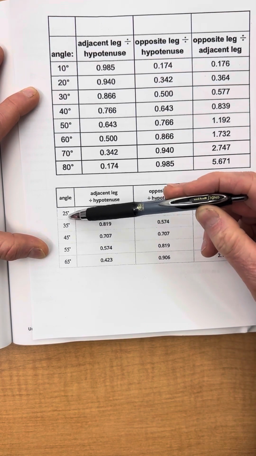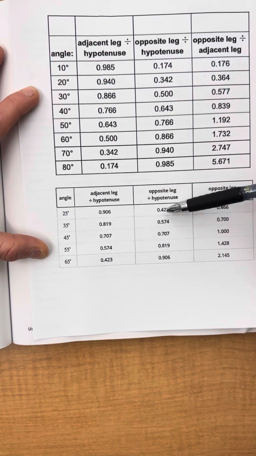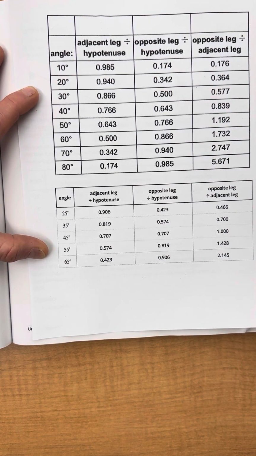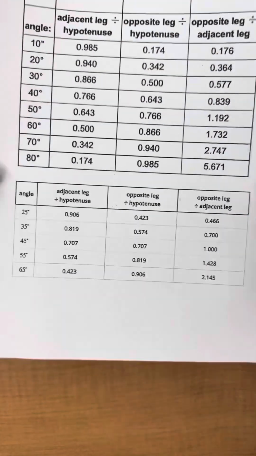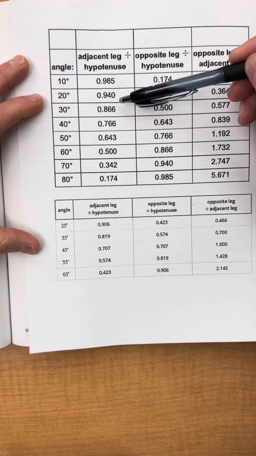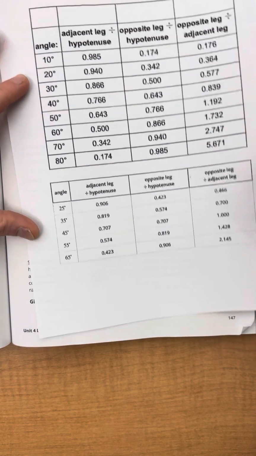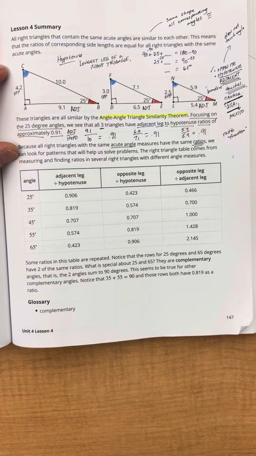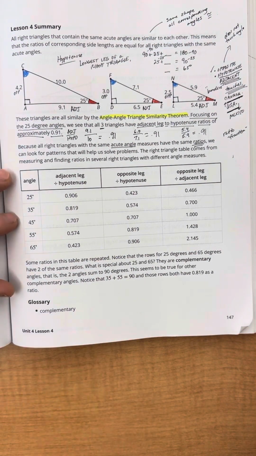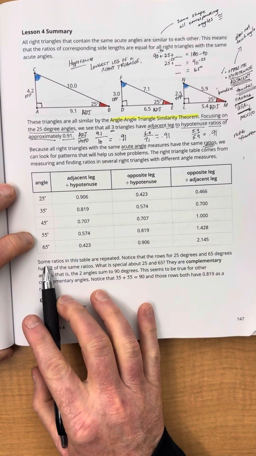Here's the fives. 25, 35, 45, 55, 65. You've got these tables ready to roll. These are set in stone. What does that mean? That means these values are never going to change. Okay, let's get to the next part.